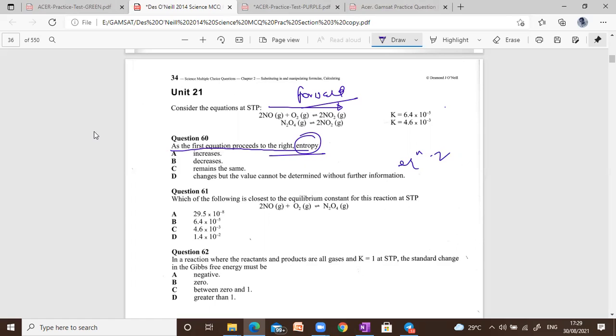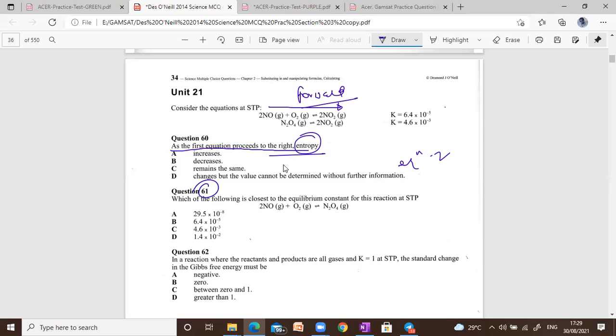Increase means greater than 0, and greater than 0 means positive. Perfect. Yes, you can say K means Kc. What about 61?